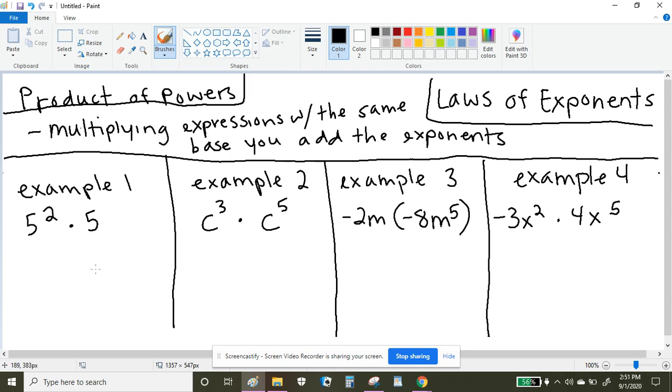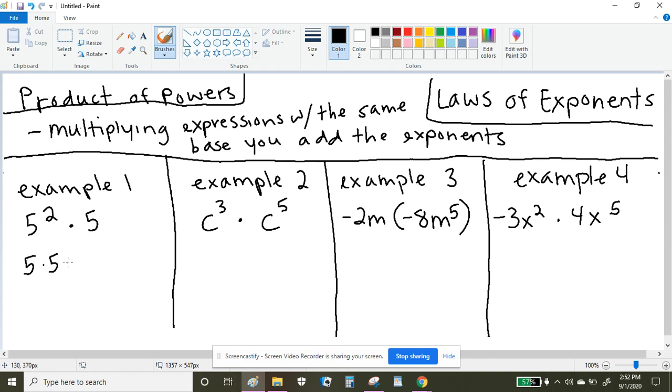So the reasoning behind this is if we're looking at our first example here and we think back to what we learned about what the base is and what the exponent means, we said that this base is the number that's getting multiplied by itself however many times the exponent says. So this term is being multiplied by itself twice.